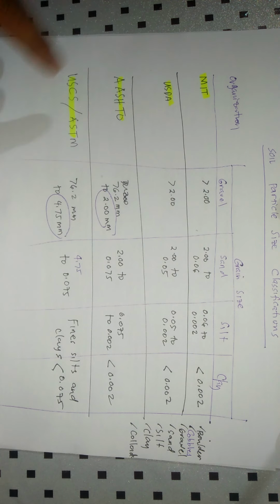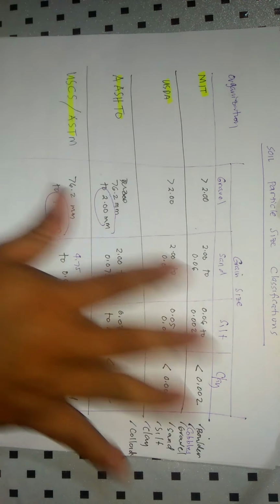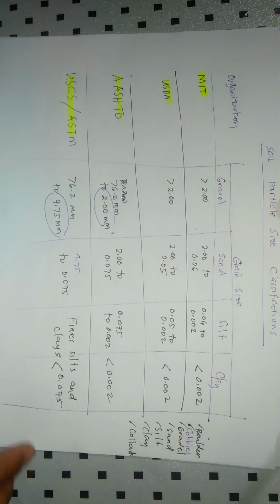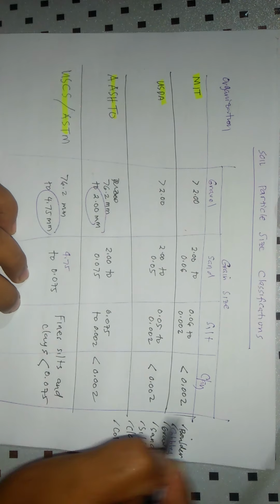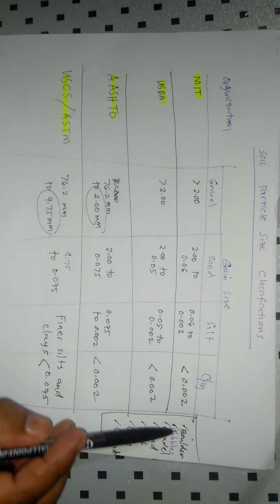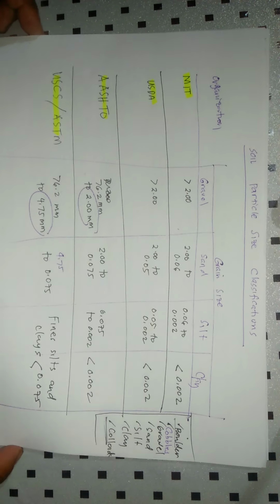We use 4 organizations, depending on the example or exam that will be given, for example, you need to use AASHTO or USDA or ASTM and so on. So this would be your grain size or particle size classification for gravel, sand, silt, and clay. Again, the biggest type of soil would be boulder, and the smallest would be colloids. Take note of that. Okay, so that's it for your soil particle size classification.